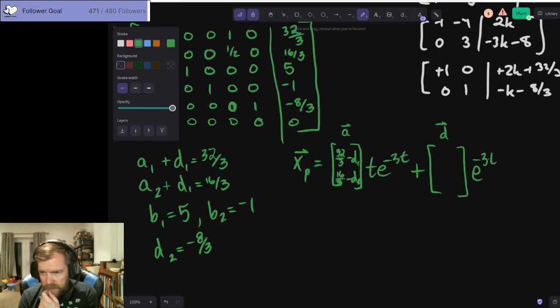e to the negative 3t, and our d vector was just going to be d1. We don't know what it is, but it's related to our a vector over there. I don't know if it's wiser to have it the other way around, but it's fine. d2 was negative 8/3.